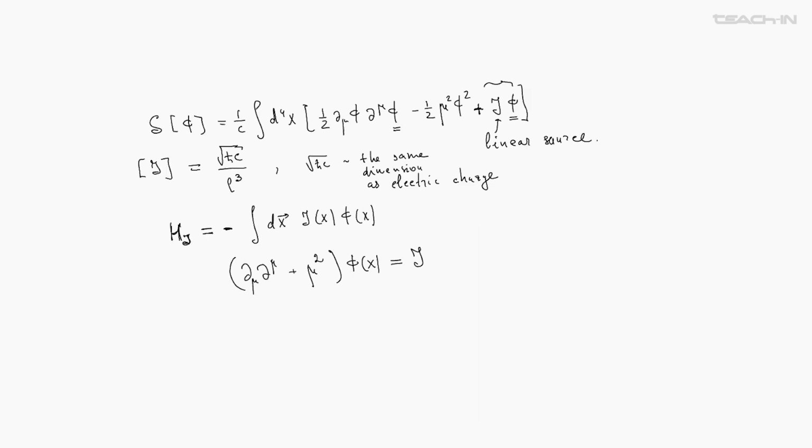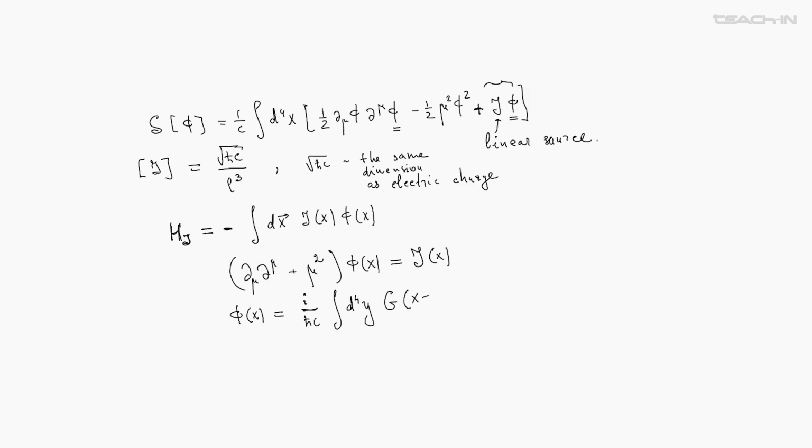And now we have to write down a solution of this equation. And the solution is given, as we know, by the Green's function. So we write the solution phi(x) as some prefactor i over h bar c, and then we use the Green's function: the four-dimensional integral of the Green's function G(x minus y) integrated with the source J(y).